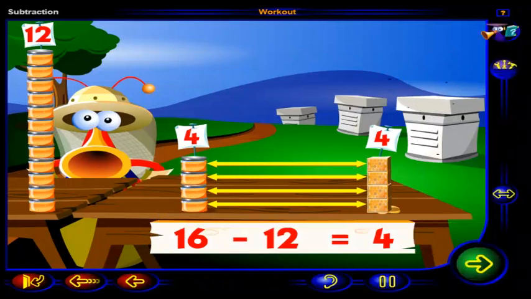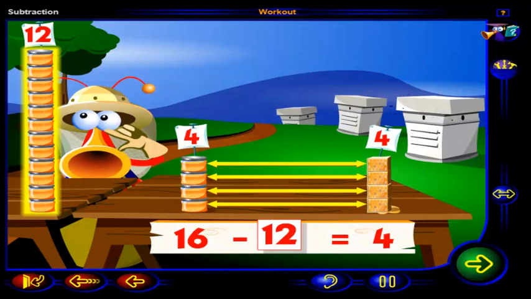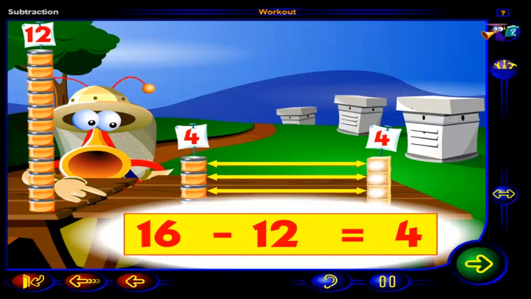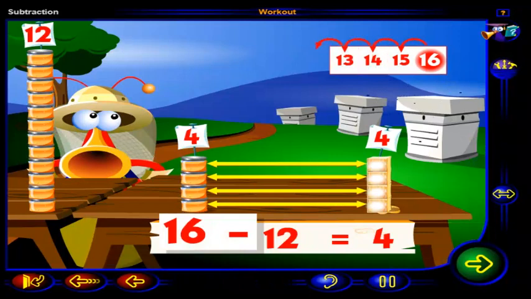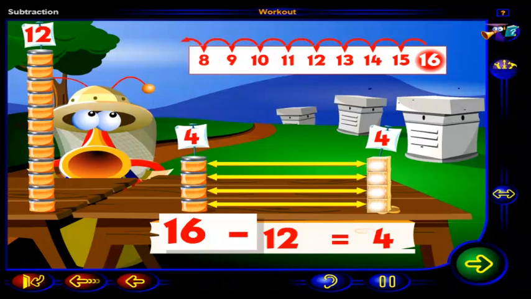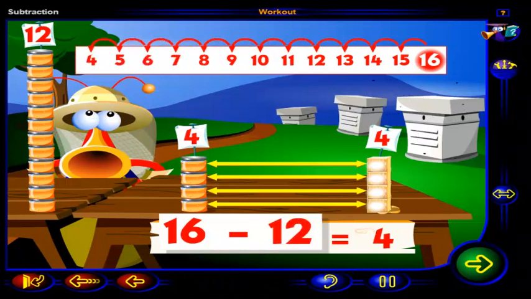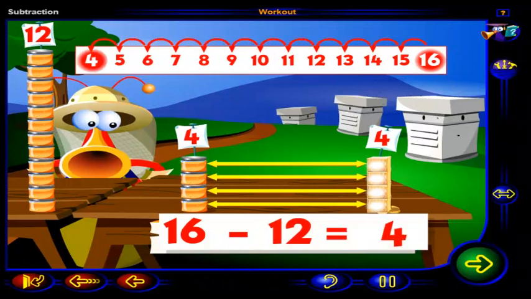So, there are 12 more jars of honey than there are honeycombs. Click on this number sentence. 16 minus 1, 2, 3, 4, 5, 6, 7, 8, 9, 10, 11, 12 equals 4.